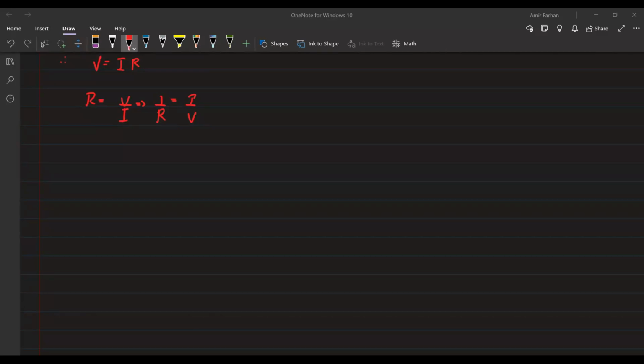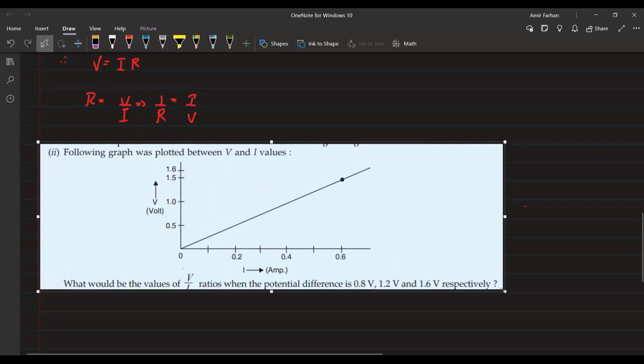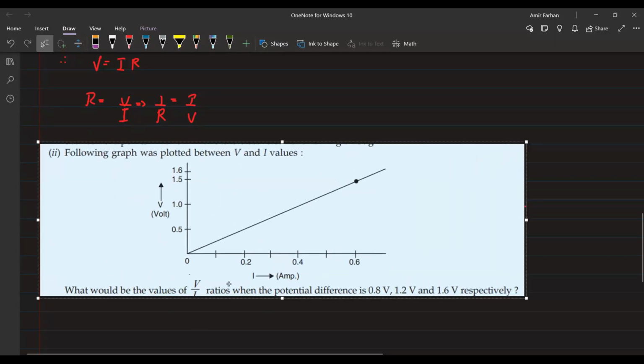Try to solve this and then let me know, because it is straightforward. I want you to solve this first. You have to find the value of the V by I ratio when the potential difference is 0.8. The potential difference is on the y-axis and the current is on the x-axis. Clear, everybody? Solve this. Just apply Ohm's law.